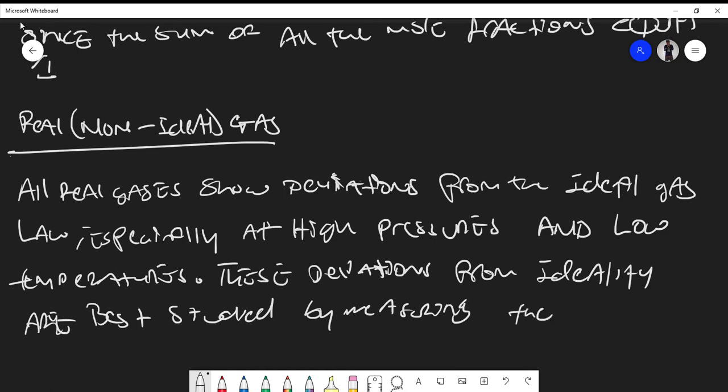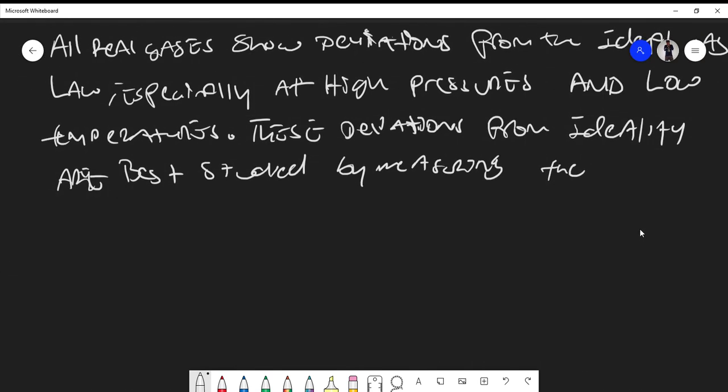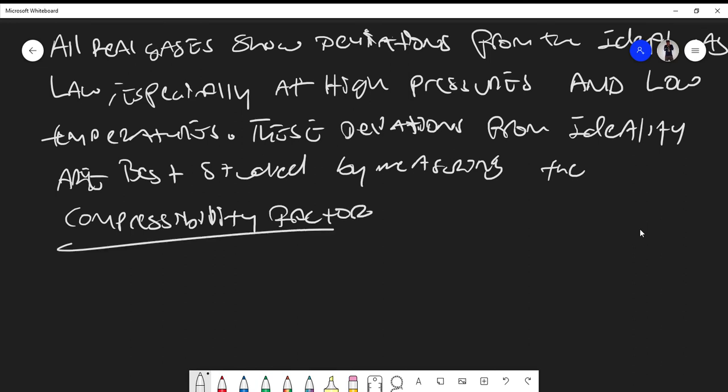We're going to talk about the compressibility factor. So we'll say again, the real gases disobey the ideal gas law at high pressures and low temperatures.